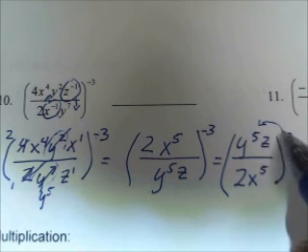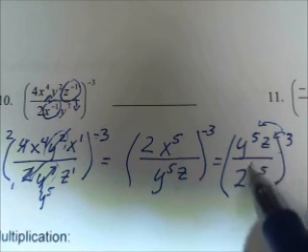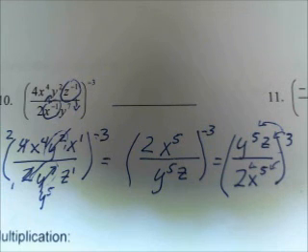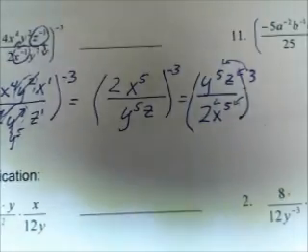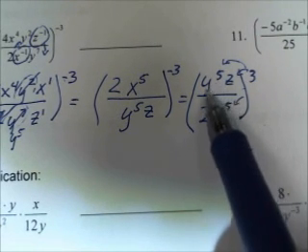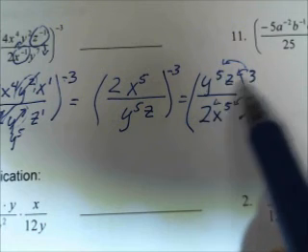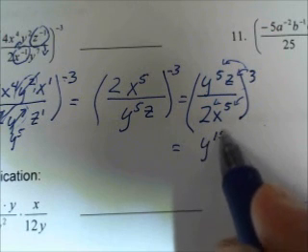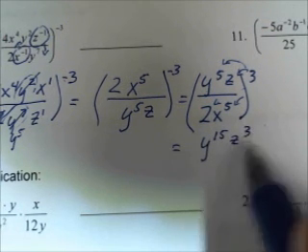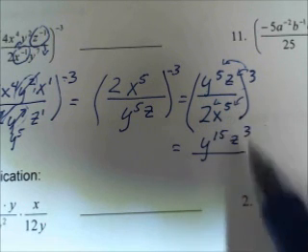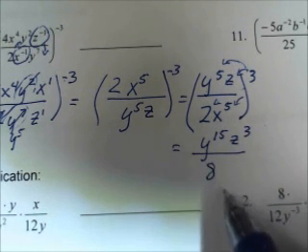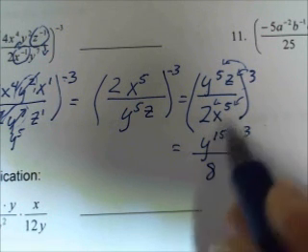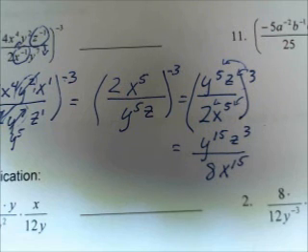You're going to distribute the 3 into both the numerator and denominator and end up with y to the 5th raised to the 3rd power. You multiply those exponents, and that's going to equal y to the 15th, z to the 3rd, over 2 to the 3rd is 8, x to the 5th raised to the 3rd, 5 times 3 is 15. So that's y to the 15th, z to the 3rd, over 8x to the 15th.